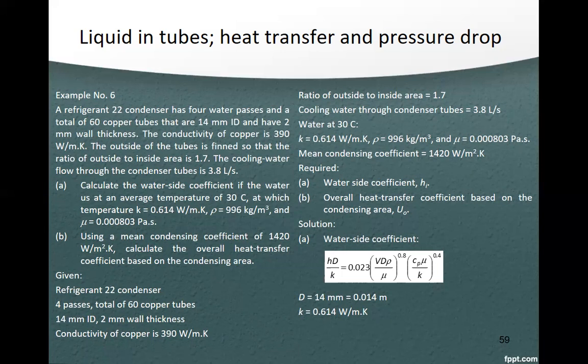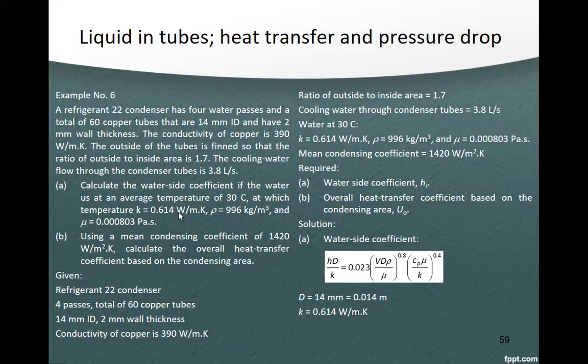A. Calculate the water side coefficient if the water is at an average temperature of 30 C, at which temperature k is 0.614 watts per meter Kelvin, rho is 996 kilogram per cubic meter, and mu is 0.00803 Pascal second. So dito, given yung properties.